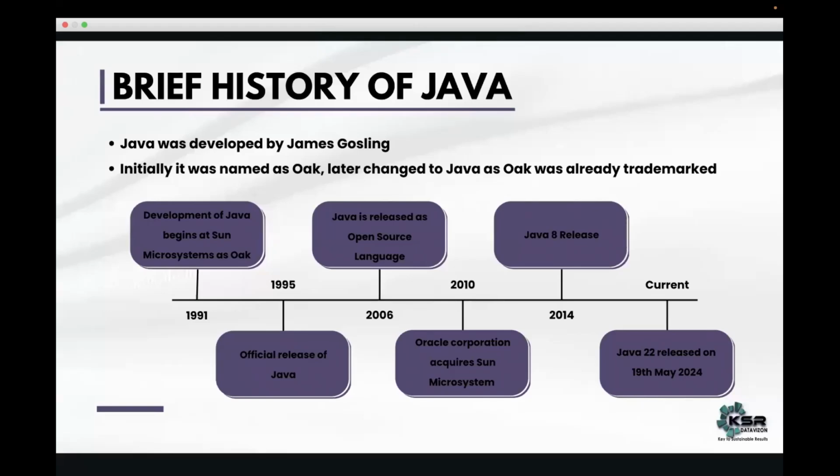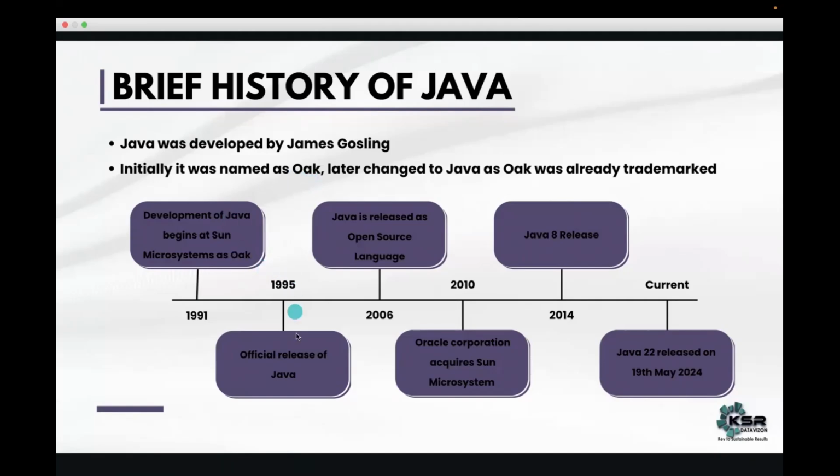I want to make a language that's platform independent, that's WORA, a language you can write anywhere and run anywhere. So he started development of Java. In 1991, development of Java began at Sun Microsystems as Oak. Initially the language was named Oak. Later they changed it to Java because Oak was already trademarked.